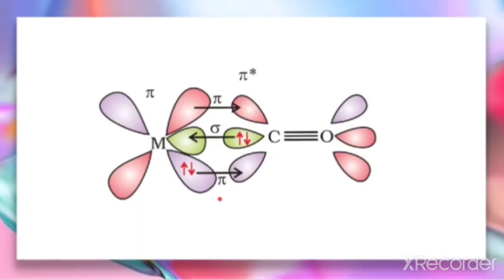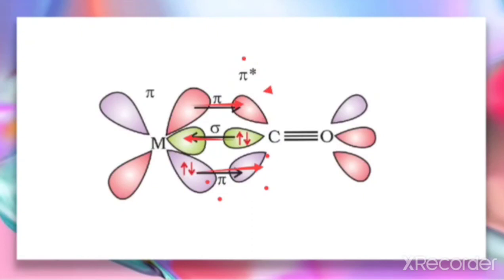So here the speciality is that the ligands are also involved in donating the electron, from the ligand to the metal, and also the metal is involved in donating electron from its filled d orbital to the empty antibonding orbital, represented as pi star, of carbon monoxide.